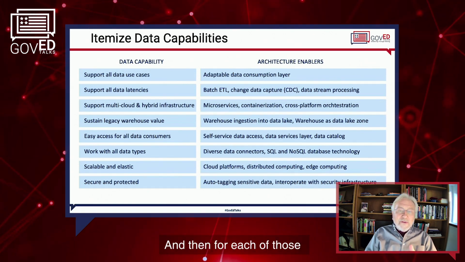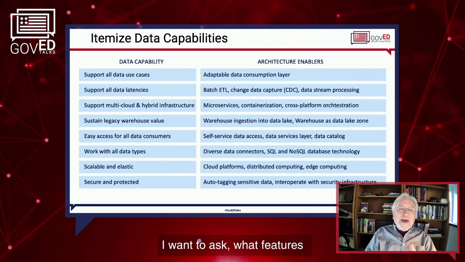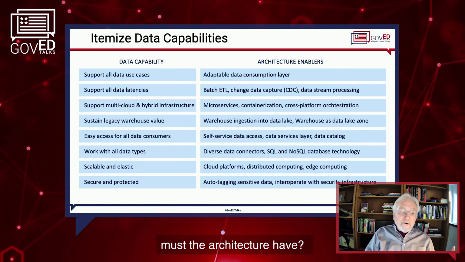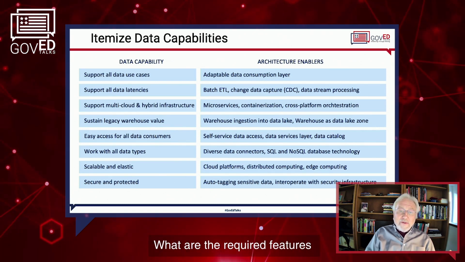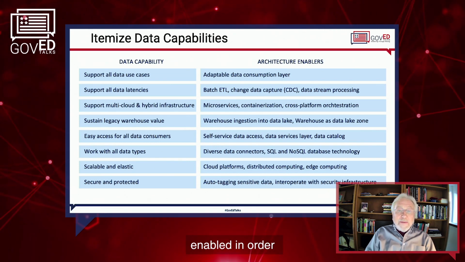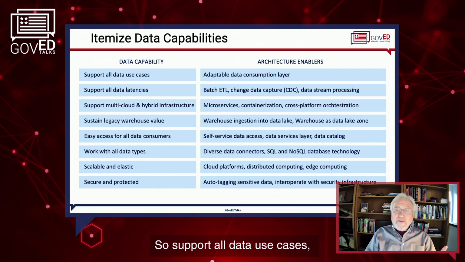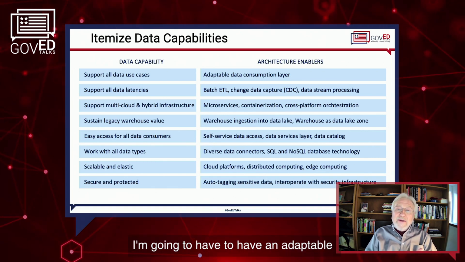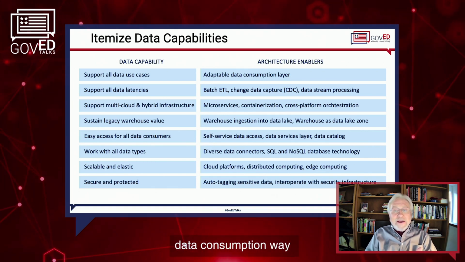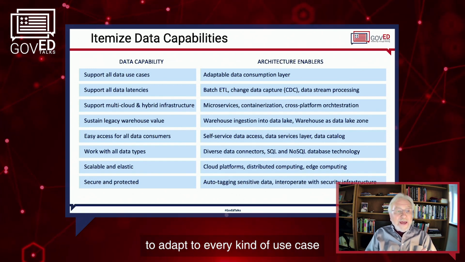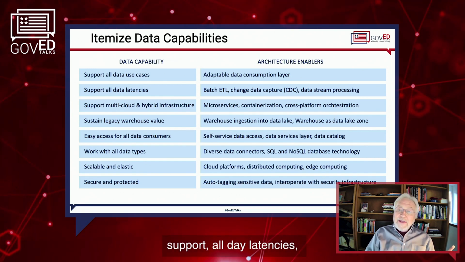And then for each of those data capabilities, I want to ask, what features must the architecture have? What are the required features of the architecture in order to support these data capabilities? So support all data use cases, I'm going to have an adaptable data consumption layer, adapt to every kind of use case. Support all data latencies.